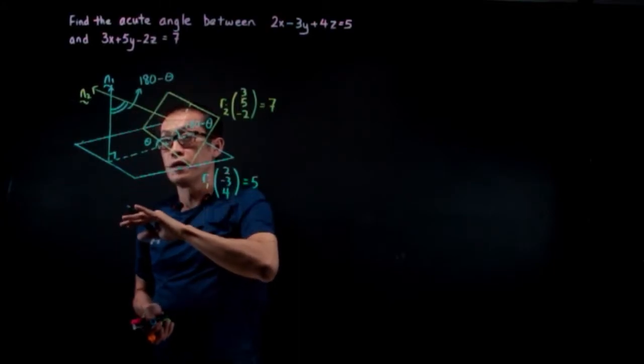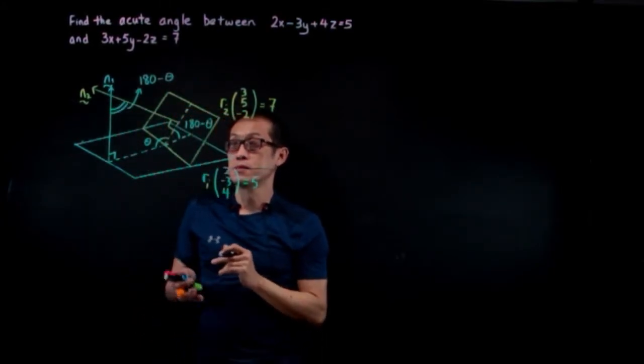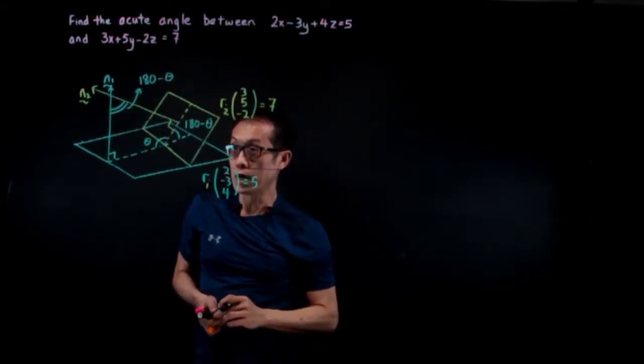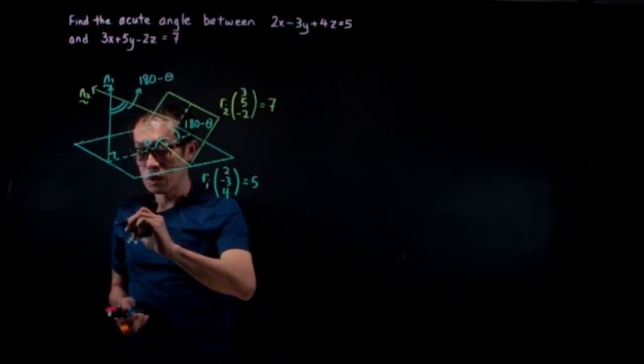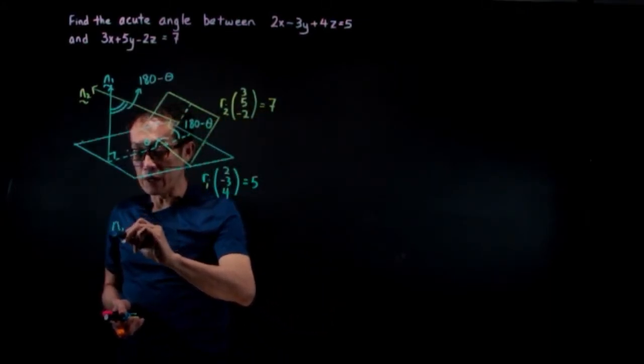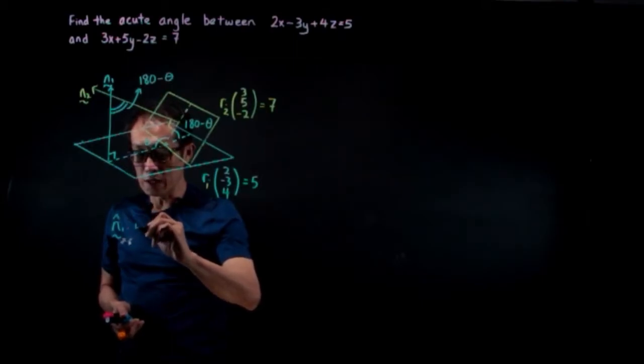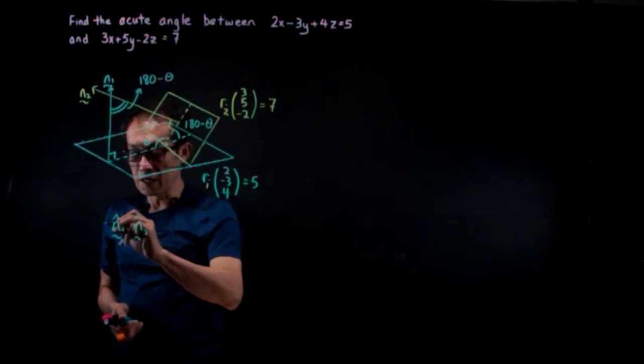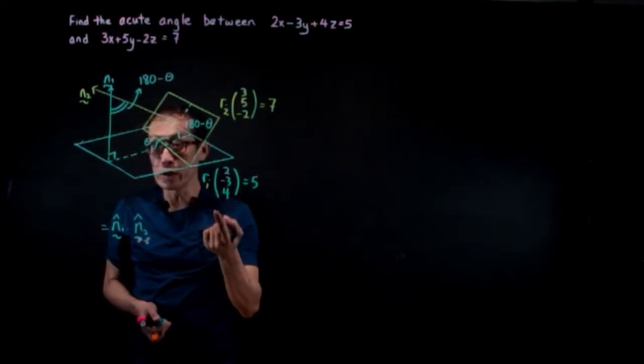Now how to find this angle? This you learned in the dot product. You take the unit vector n1 dot n2, and then you will get the angle between them.